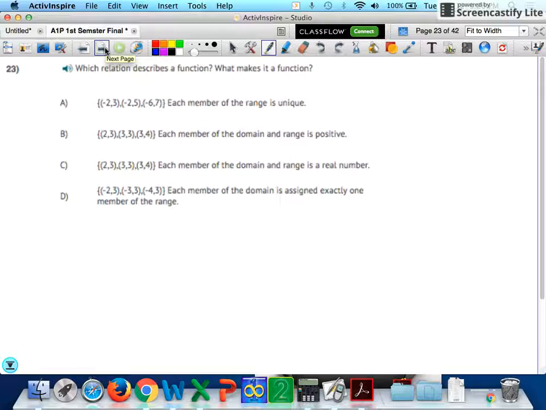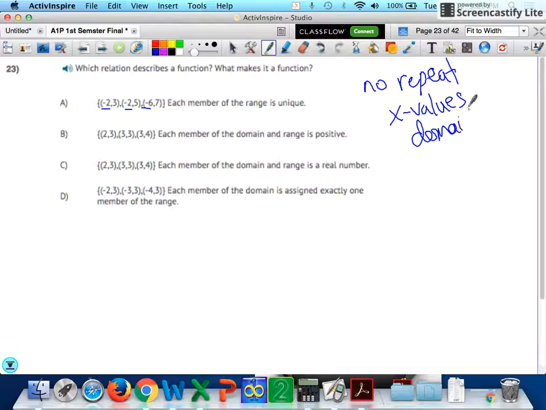23, which relationship describes a function? What makes it a function? To find a function, we need all of our x values to be unique. We need no repeat x values, which means no repeats in the domain, okay?